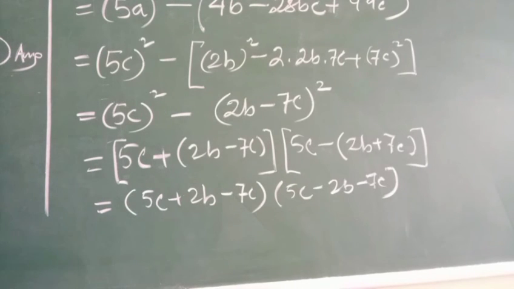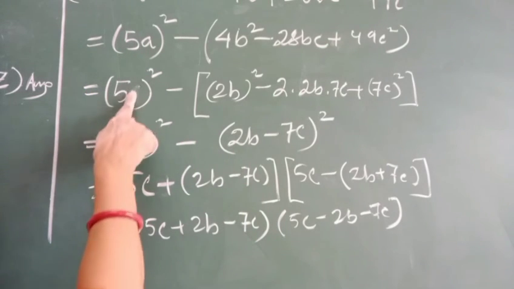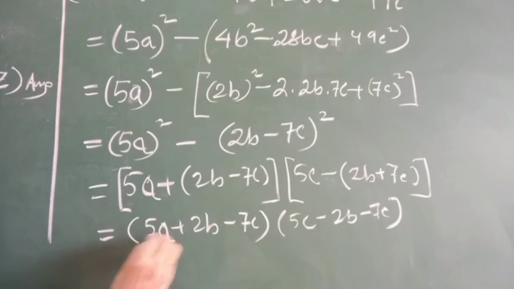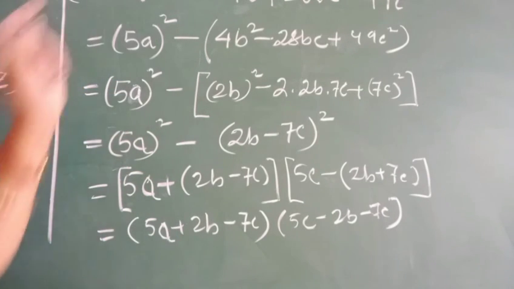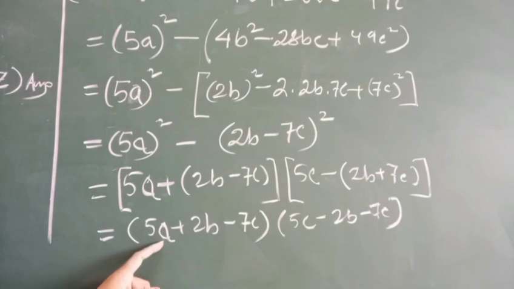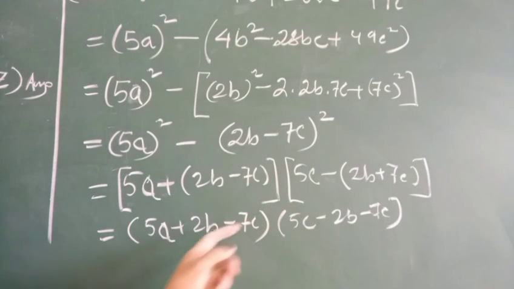Sorry, there are no like terms, it was my mistake. It was a and by mistake I wrote c. Already 25a square was there, so it will be 5a. So no like terms are there. So the answer is 5a minus 2b minus 7c, 5a plus 2b minus 7c.